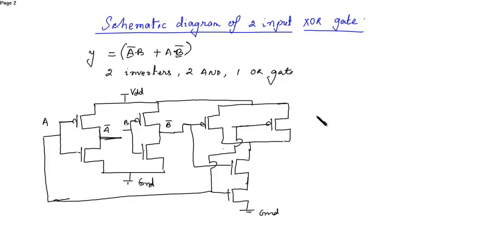Before that, let me clear this. The function is A bar B plus A B bar. Then there will be two inverters. If this is A, then this is A bar.